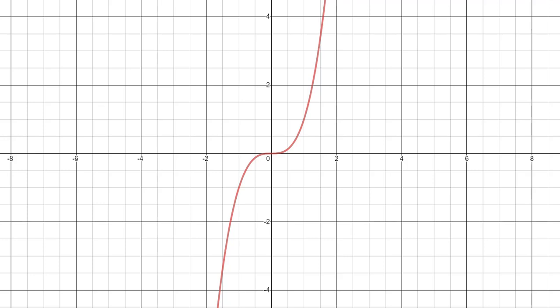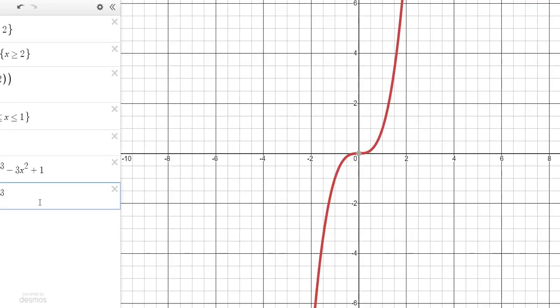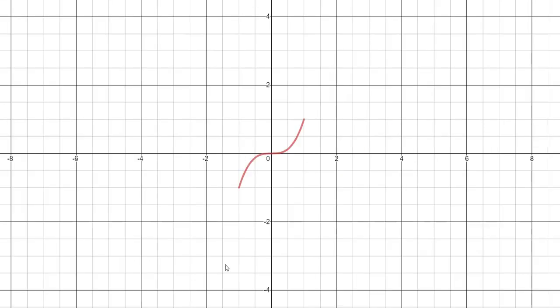But if I restrict this f of x equals x cubed to be on, let's say, x from -1 to +1, well, now I have a local max and a local min. This would be a local min, and this would be a local max. But the only reason it's a local min or a local max is because of how I've restricted the domain.